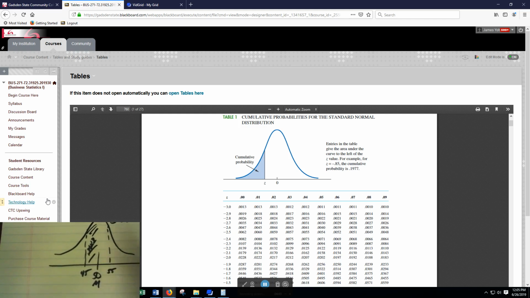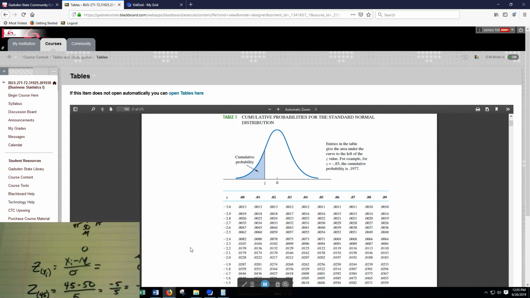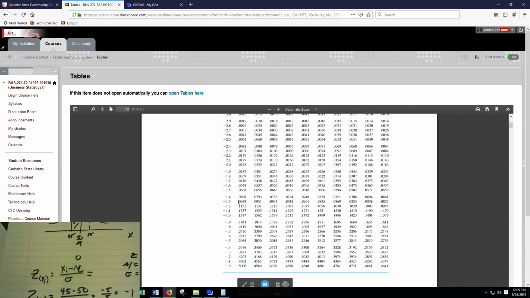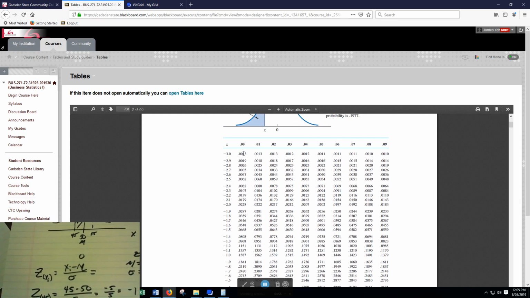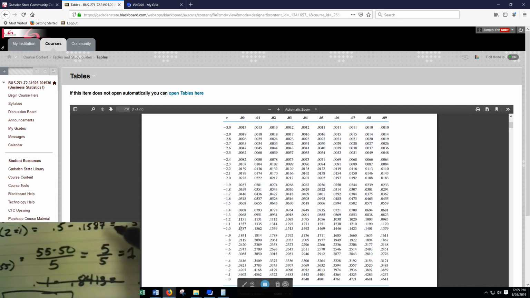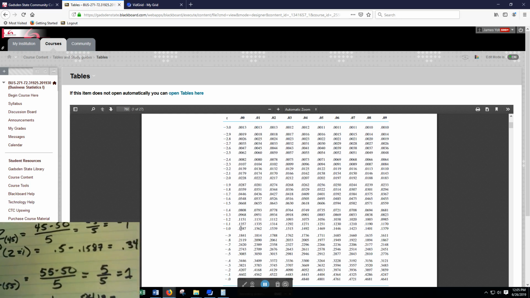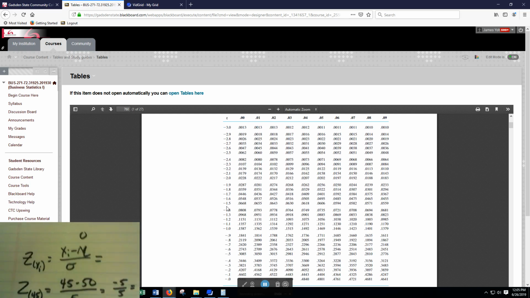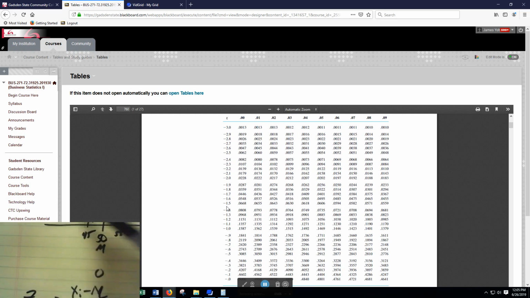That's what we're going to calculate here. So I go down here to find a z of negative 1.00, and that is 0.1587. That's the area to the left over here. We want the area here.